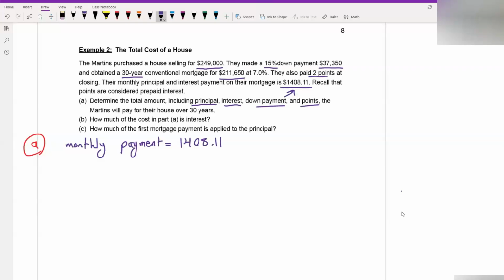So this is monthly payment. We have to multiply by how many total months we have. So this is for 30 years, multiplied by 12 months.